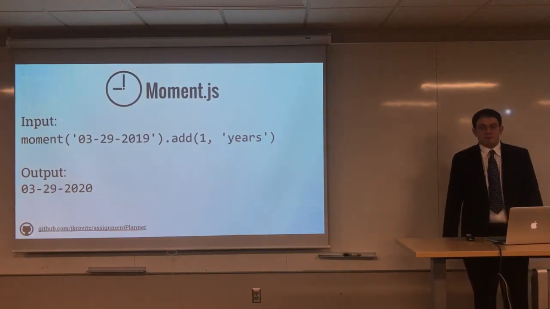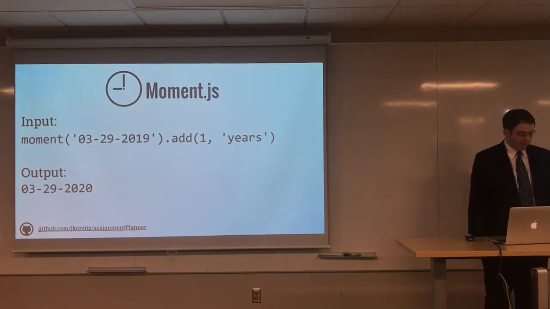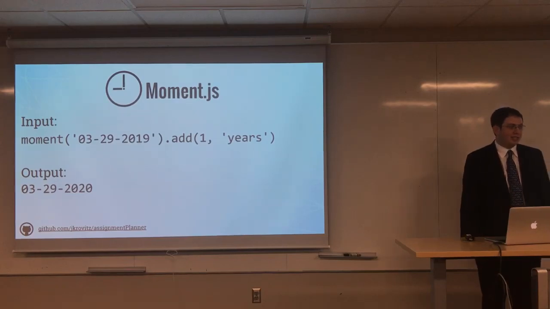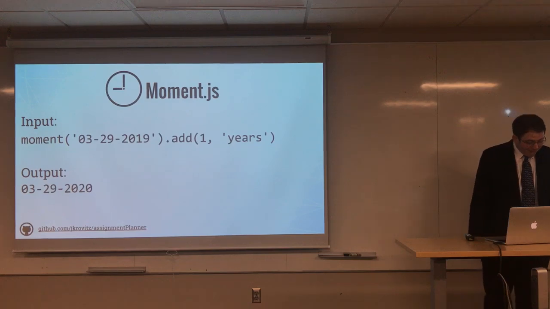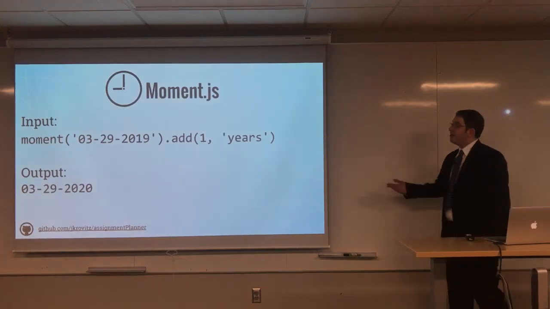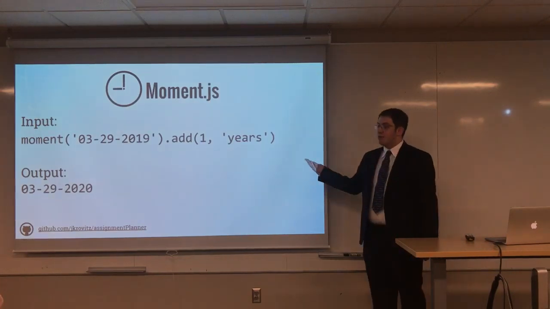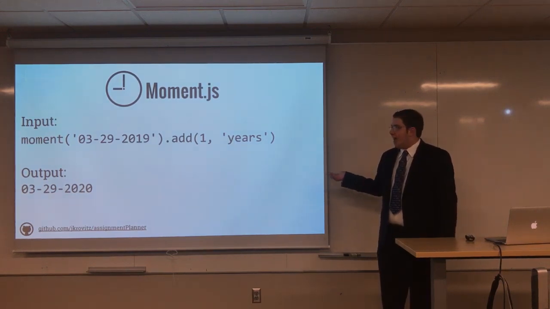During winter break, I did some searching and found out about a wonderful JavaScript library called moment.js, which solved all of my date problems. Moment.js allows one to integrate date operations in JavaScript very easily. Look at this snippet of code. It is a moment object. It's taking in the date, today's date actually, March 29th, 2019, and it's just saying add a year.